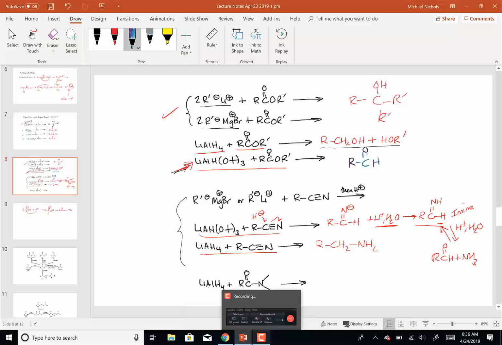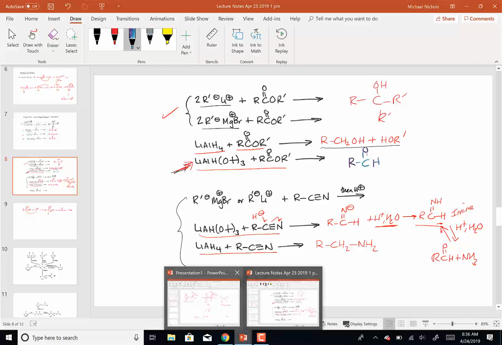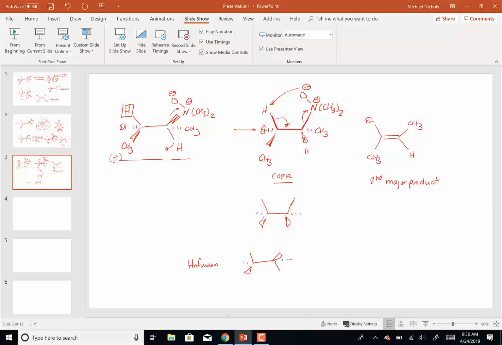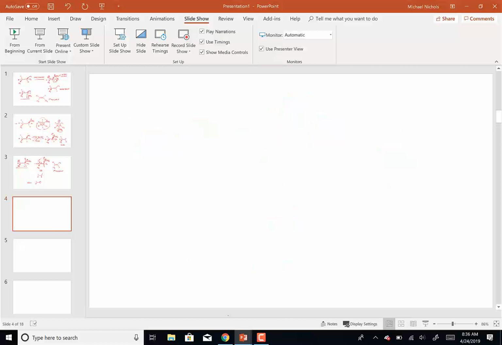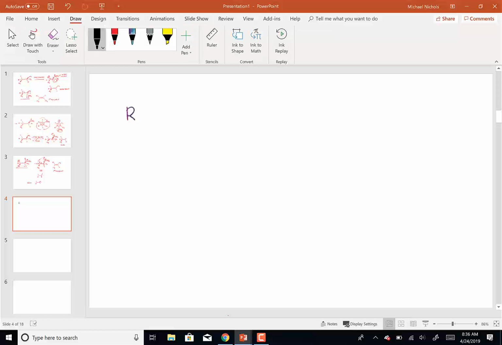Patrick? Can you go over the mechanism for protecting an aldehyde? Protecting an aldehyde. So, I think the context of that was, let's say that we had something like this.